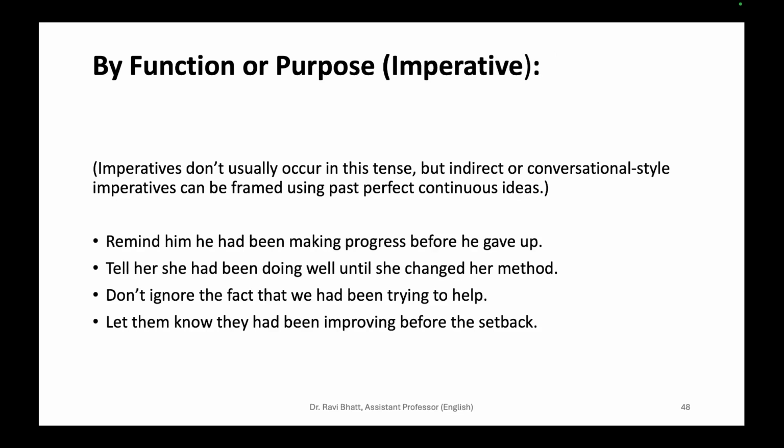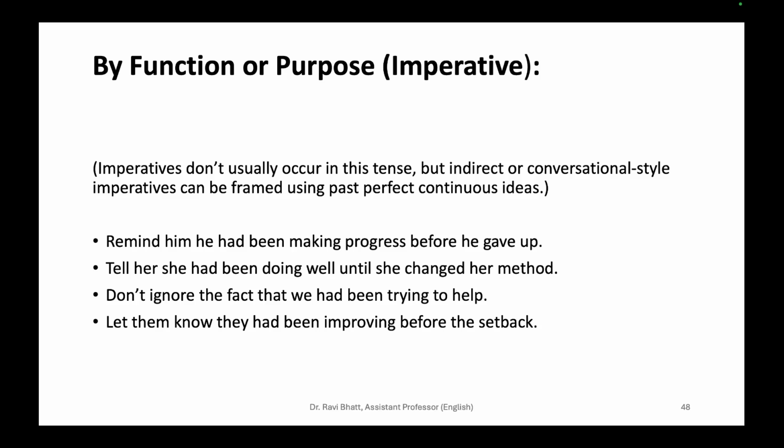Now, imperative sentences. Again, like I said, imperatives don't occur in this particular tense. But in some conversational styles imperatives can be framed, which is what we've done here for the sake of example. So these are some of the imperatives that are framed using past perfect continuous tense ideas. Remind him he had been making progress before he gave up.